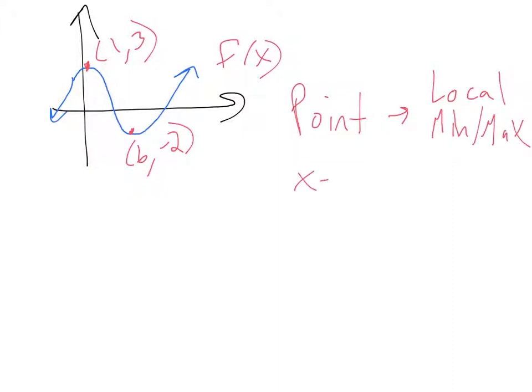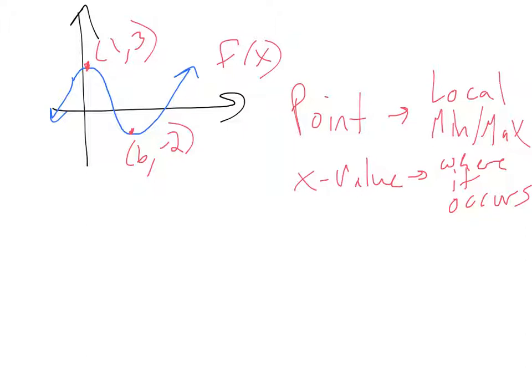The x value is where it occurs. So we think of the x value as sort of the location, and the point itself is the actual max or min. So when you're asked that question, that's how you're going to be trying to answer that.